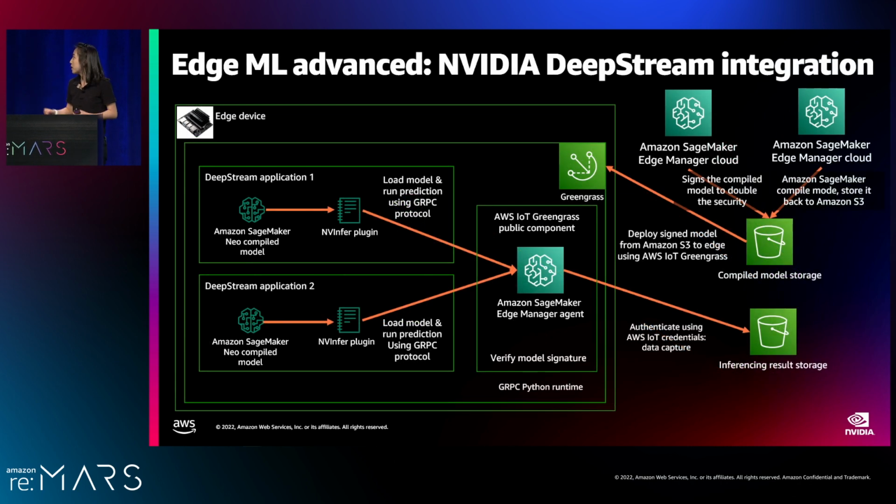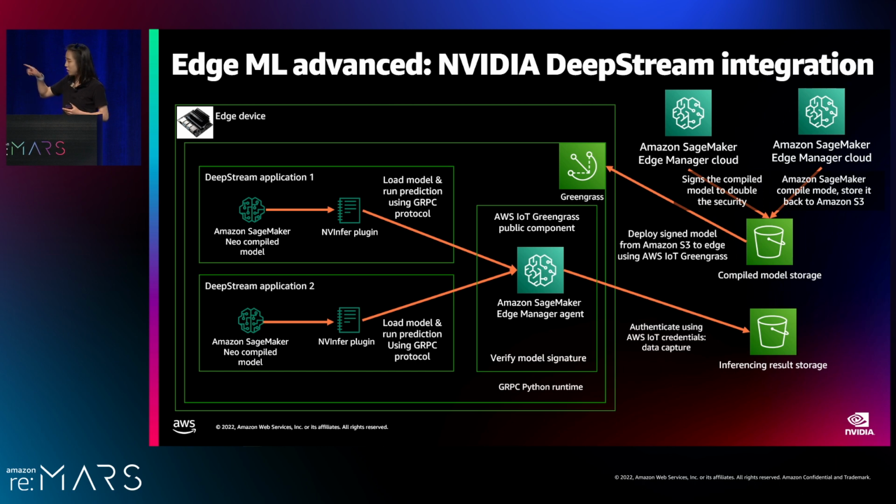And now you may also wonder how it works with SageMaker Edge Manager. How many of you have worked with Triton before? Okay, I see a few hands. This is very similar to Triton, and it uses a gRPC protocol. Basically, from your DeepStream application, you still have that NVInfer plugin, and within that plugin, you make gRPC calls to this Greengrass maintained SageMaker Edge Manager agent.